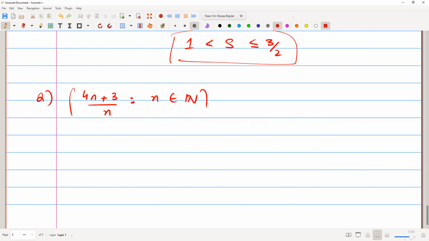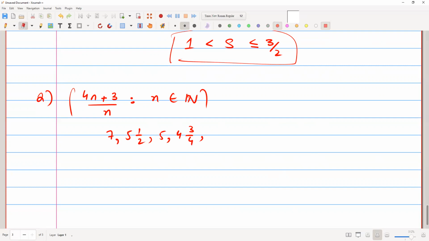So the elements of this set will look like 7, 5 and 1/2, 5, 4 and 3/5.